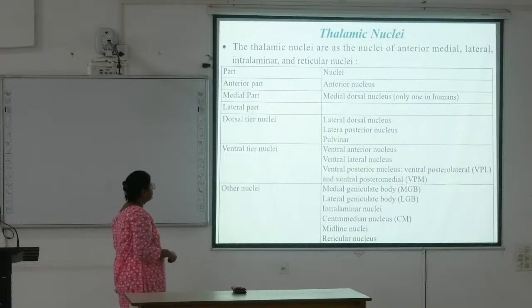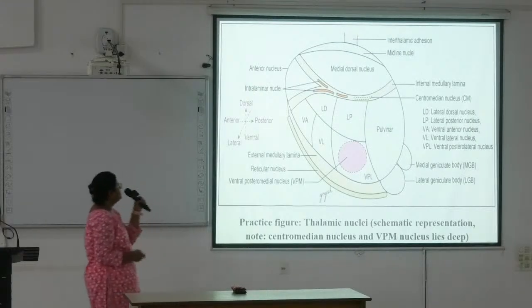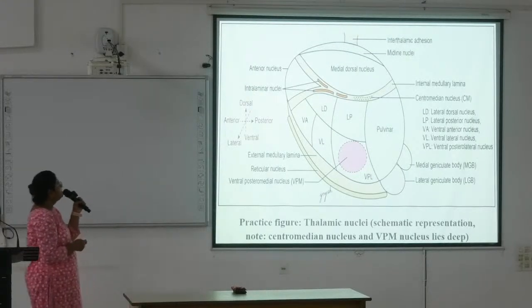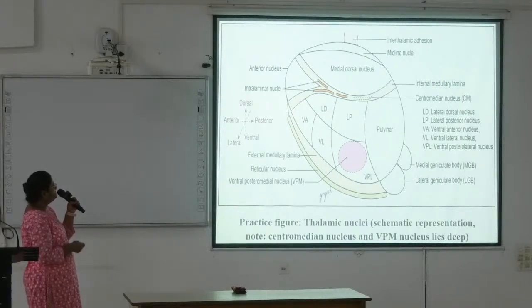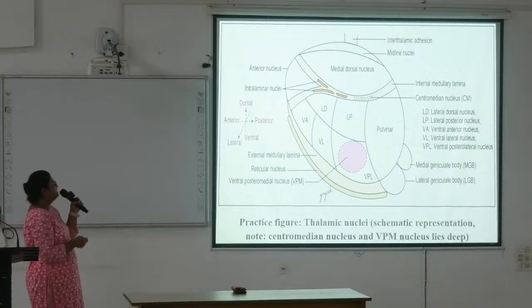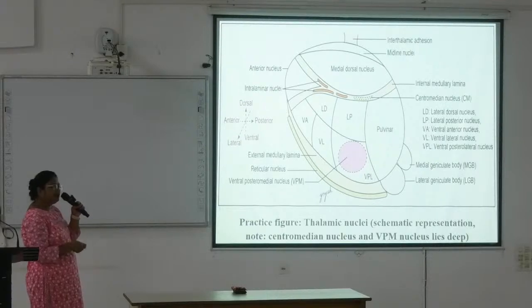Next, see the different nuclei. Here, this is the Y-shaped internal medullary lamina. Here is the external medullary lamina. Here, the interthalamic adhesion has been shown. So these are the two white matter areas, and the nuclei are the gray matter area.